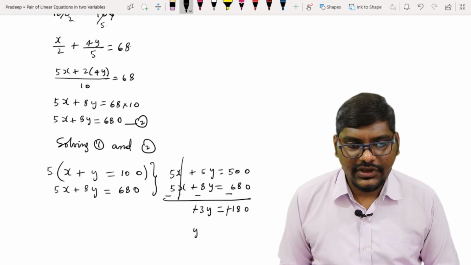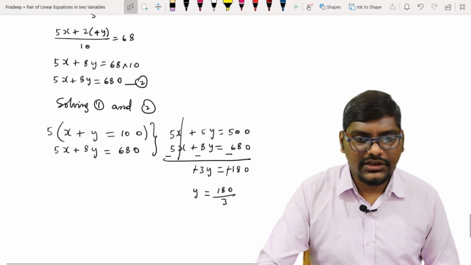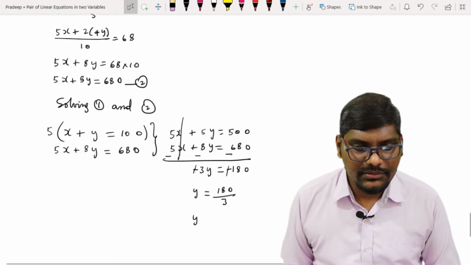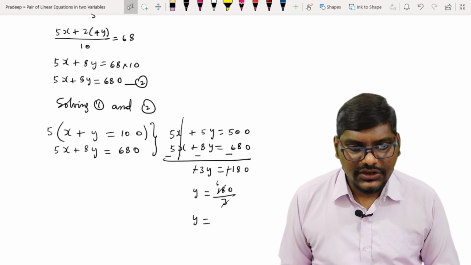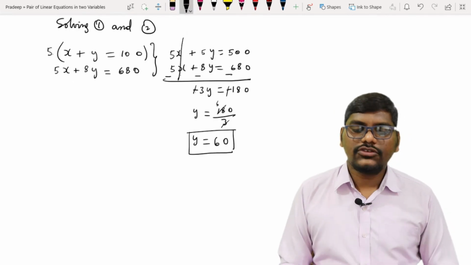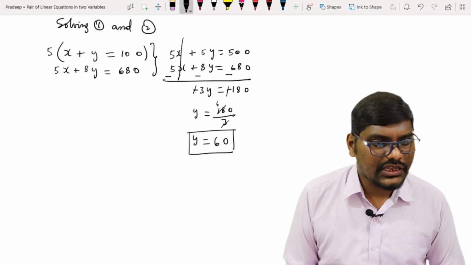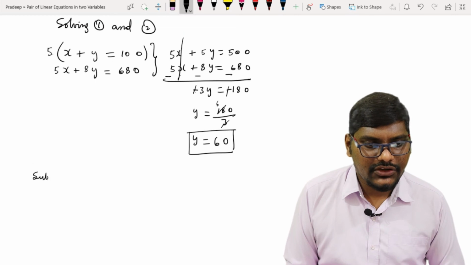So we can write y equal to 180 by 3. So now this 180 we will solve. So y will be getting 3 1s are 3, 3 6s are 18. So we are getting y equal to 60 as the value. So let's substitute this y equal to 60 in the first equation.